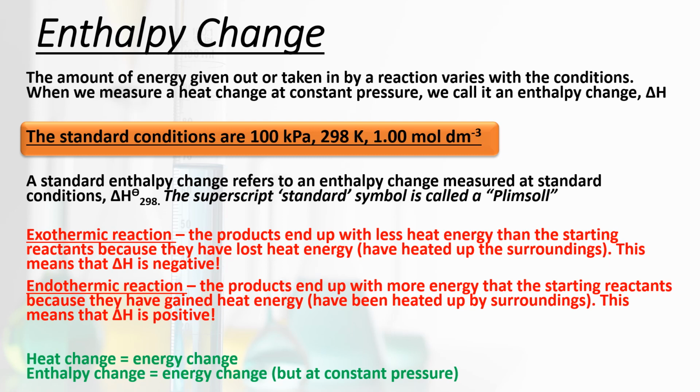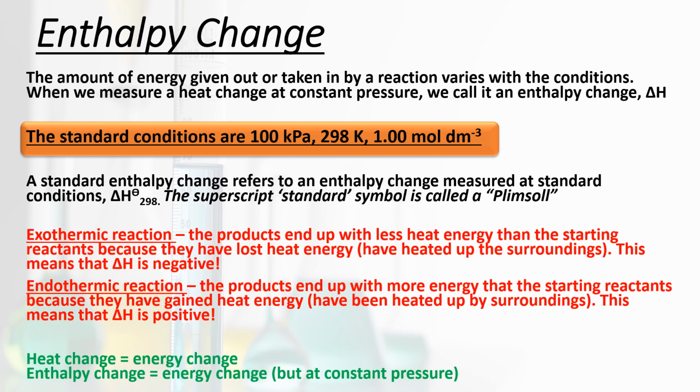The other example we said was an endothermic reaction. This is where the products have more energy than the starting reactants did because we've gained heat energy. If we've gained heat energy, they must have been heated up by the surroundings. We must have gained the energy from somewhere. And so again, we have this idea of our system being the actual chemical entities, our surroundings being everything else.